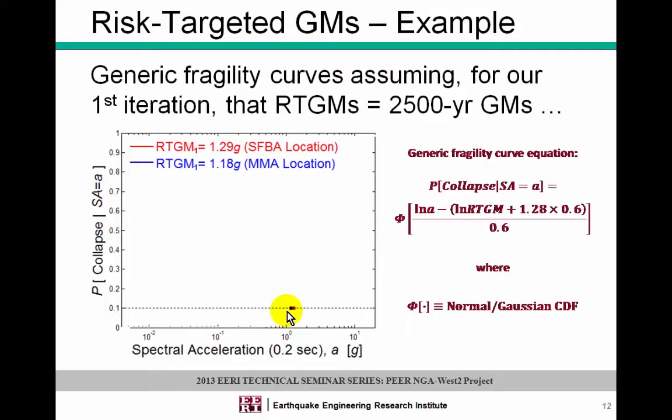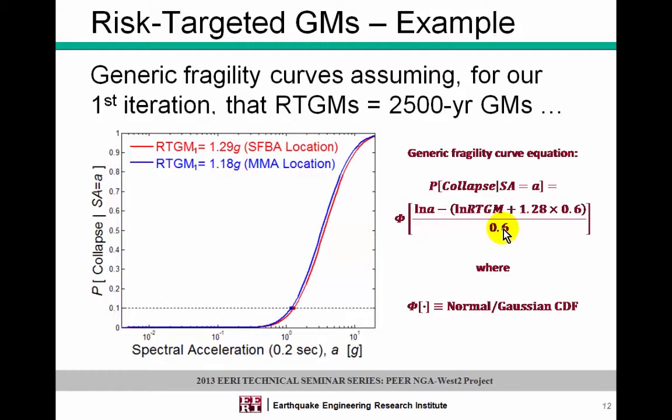Then essentially we assume a lognormal probability distribution, which is pretty common for fragility curves, with a specified slope or standard deviation of that distribution. That's a value of 0.6 that's specified in the ASCE 7-10 site-specific procedure.